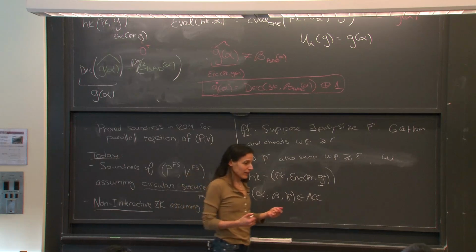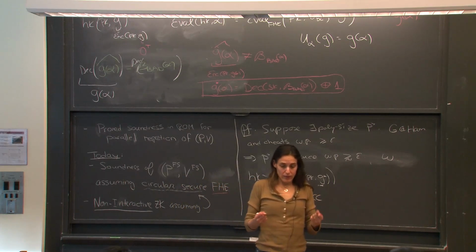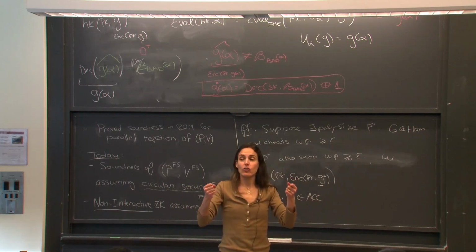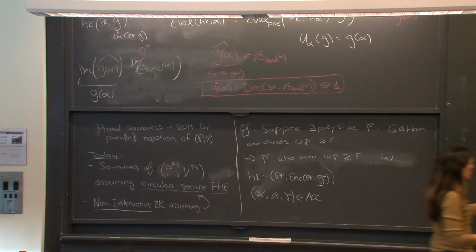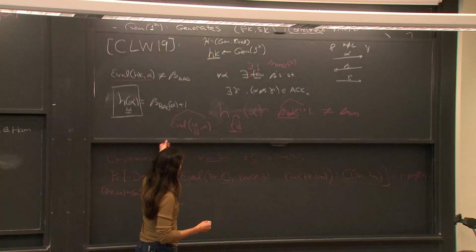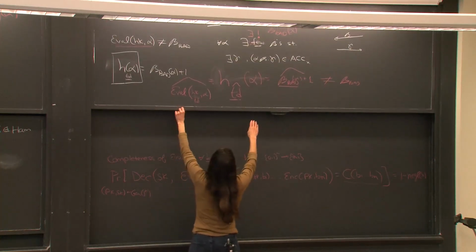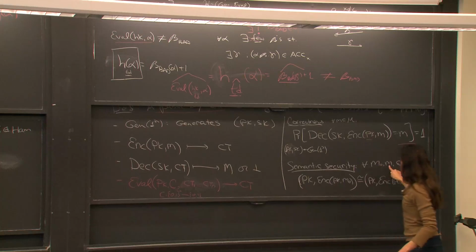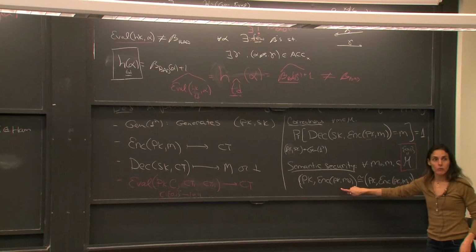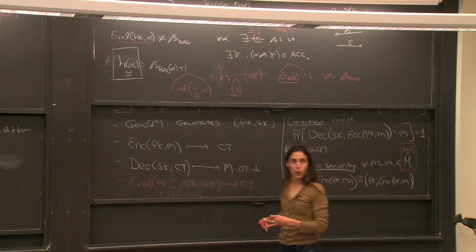We said that semantic security holds that for any fixed messages M0 and M1, you cannot distinguish between encryption of M0 and encryption of M1.